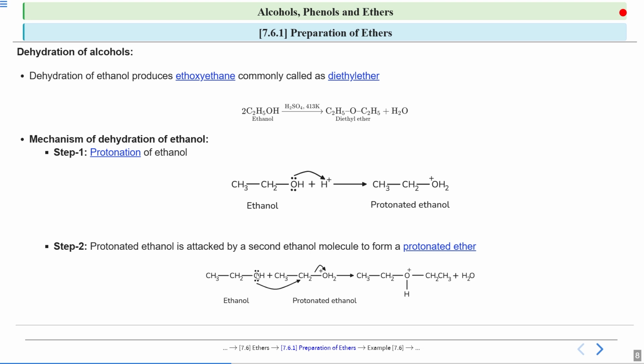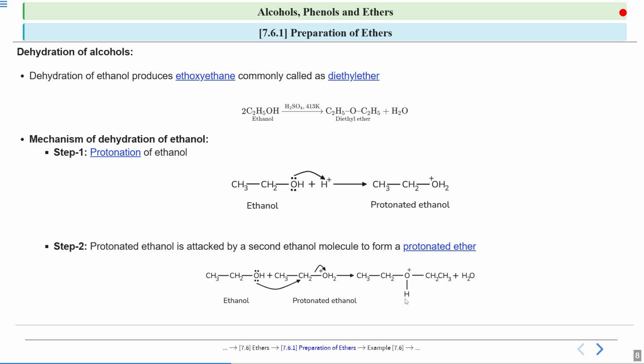On this ethanol, the oxygen has electron density to donate, so it will act as your nucleophile. So here your ethanol is the nucleophile. Your oxygen will attack this carbon and this OH2 will leave. So see, this oxygen has attached to this carbon and this OH2 group has left.